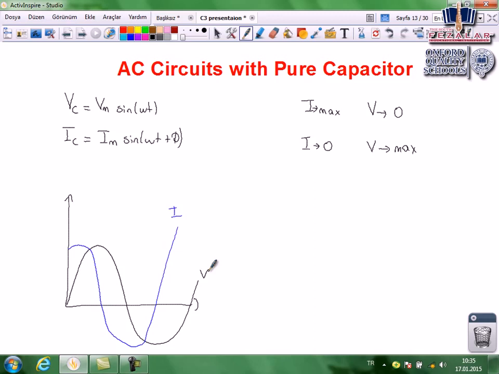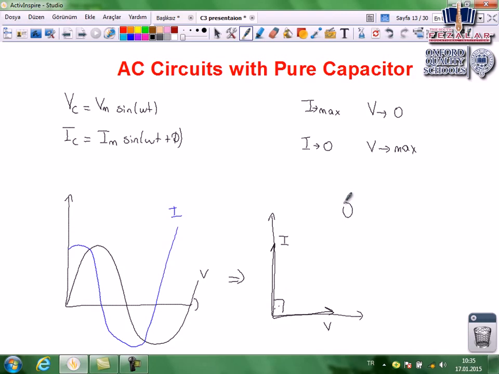So when we draw the phasor diagram of a circuit of vectors, here we have voltage, and here we have current. As you see, current leads voltage by 90 degrees.